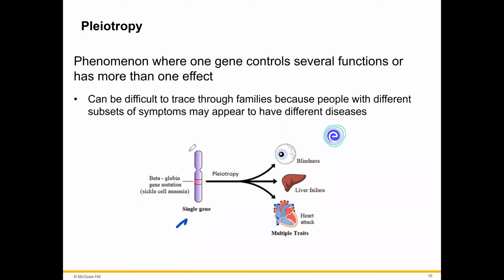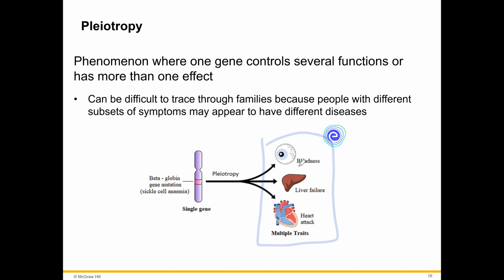So, for example, that's our chromosome, and we have a single gene that is responsible, in this example, for beta globin gene mutation. Because it affects the structure of one protein, it gives you different effects.